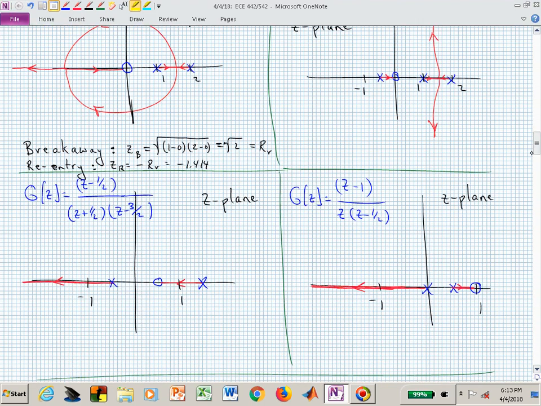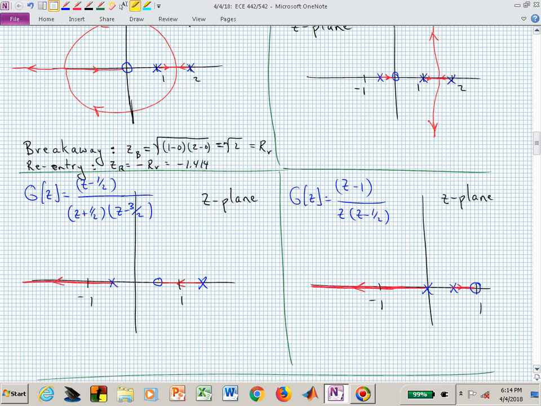The next one, lower left. Apologize for being a little busy. But you can immediately write down the X's and the O's. And now you can immediately identify the line segments that belong to the root locus. How many line segments do you have in total?